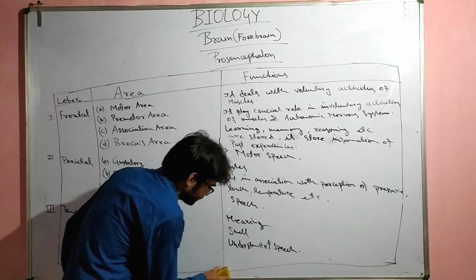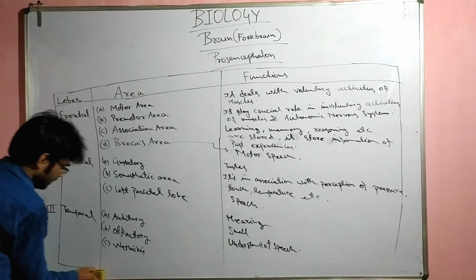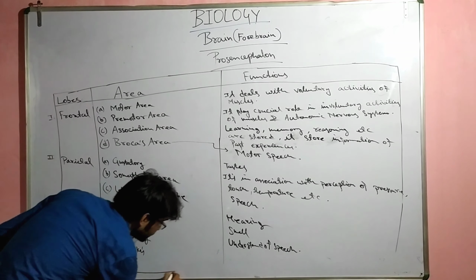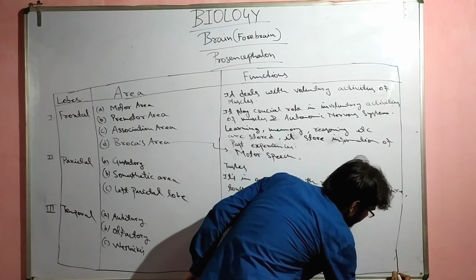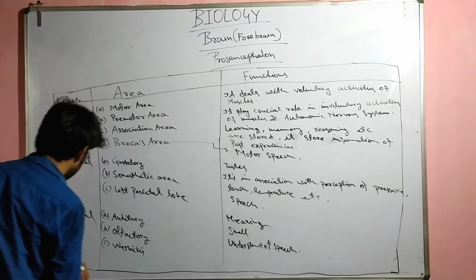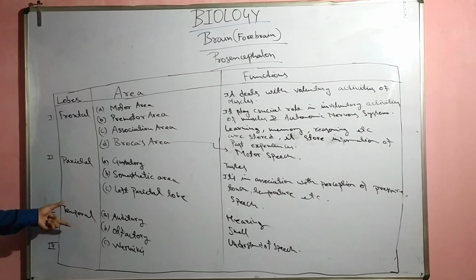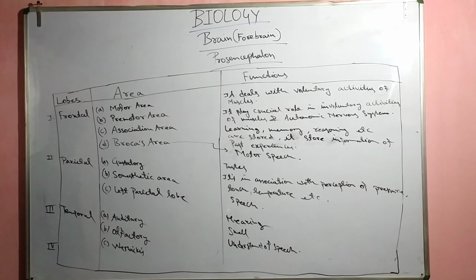Now the fourth part is the occipital lobe: frontal lobe, parietal lobe, temporal lobe, and occipital lobe.